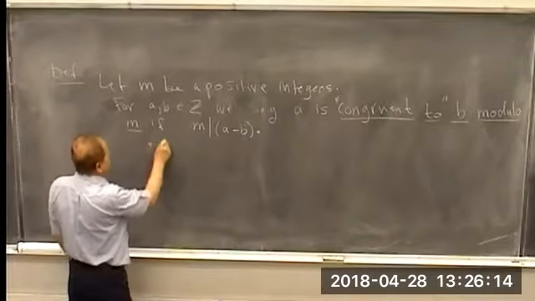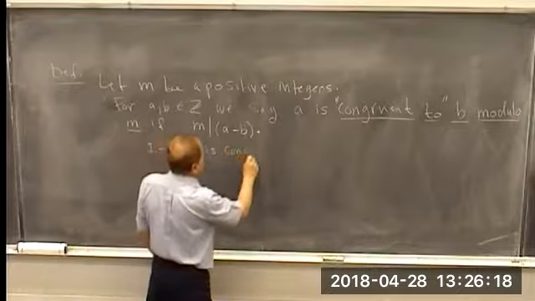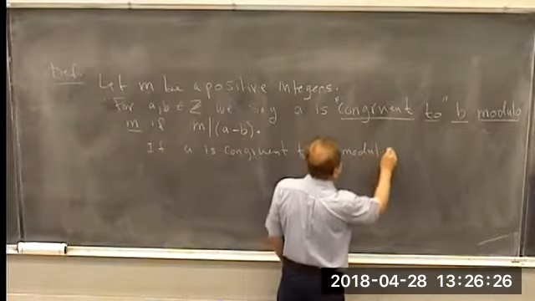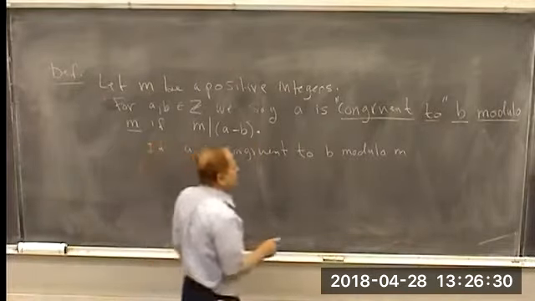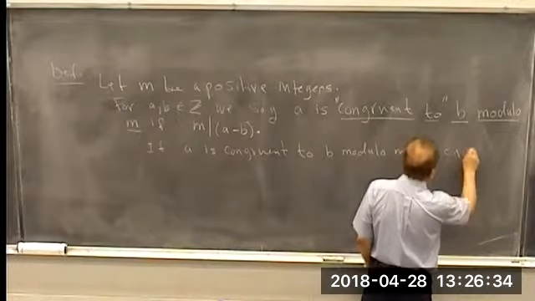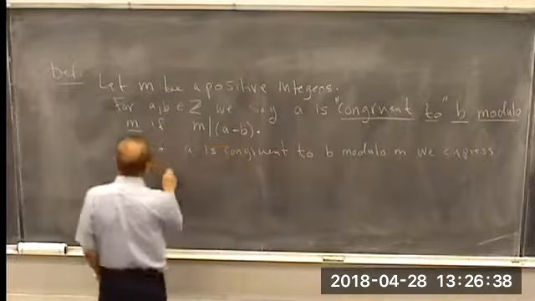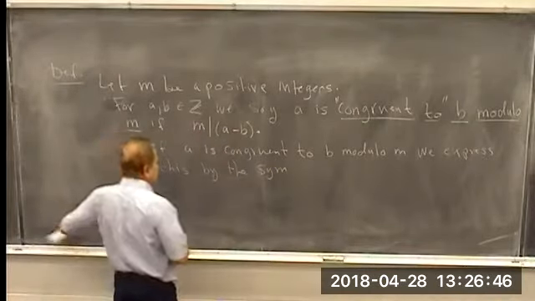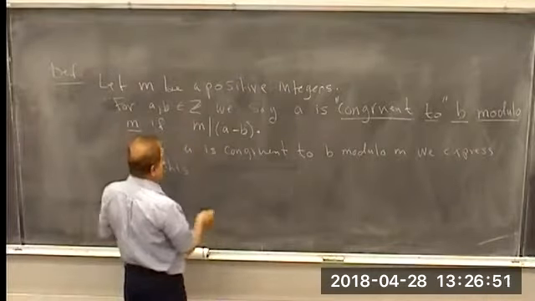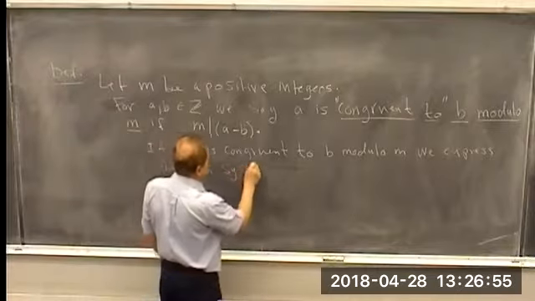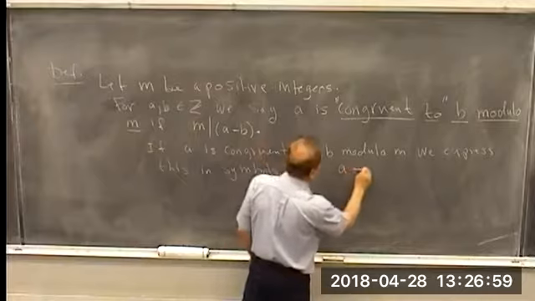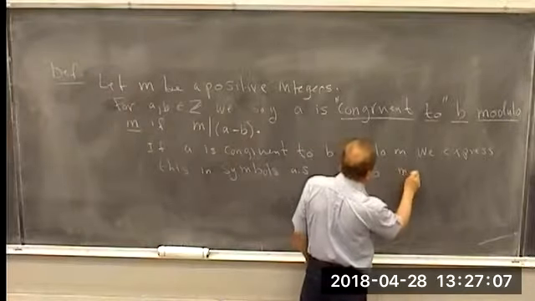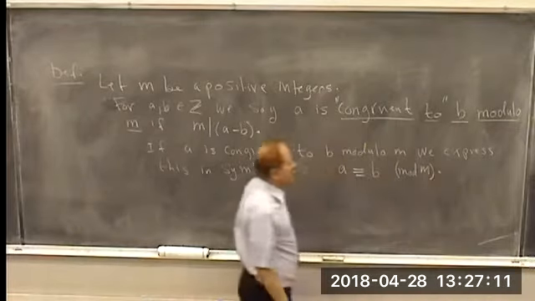So if A is congruent to B modulo M, we express this in symbols as A, like an equality sign, we put the congruence sign, then B, and then we put mod M between parentheses.